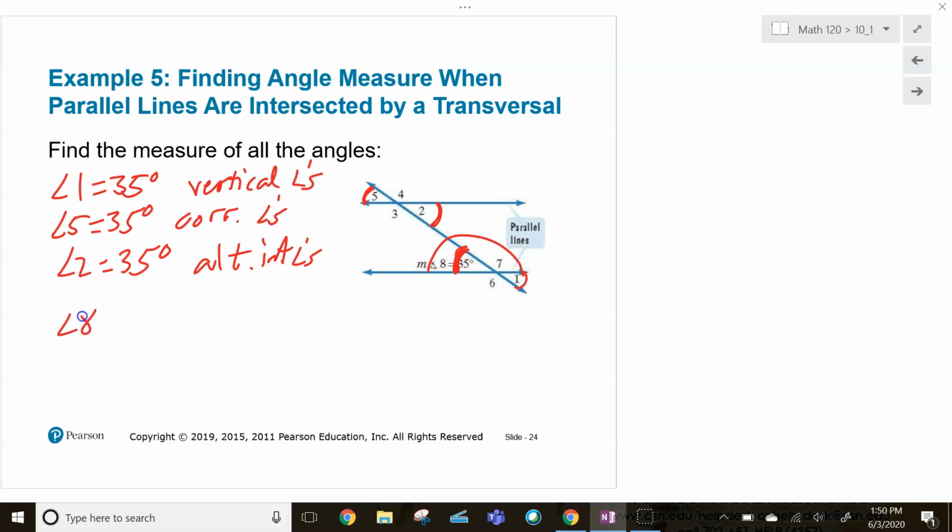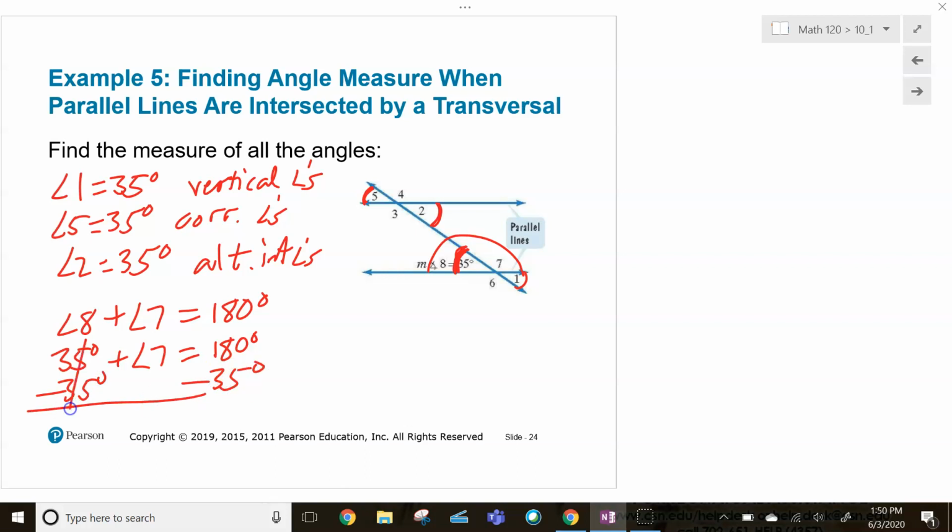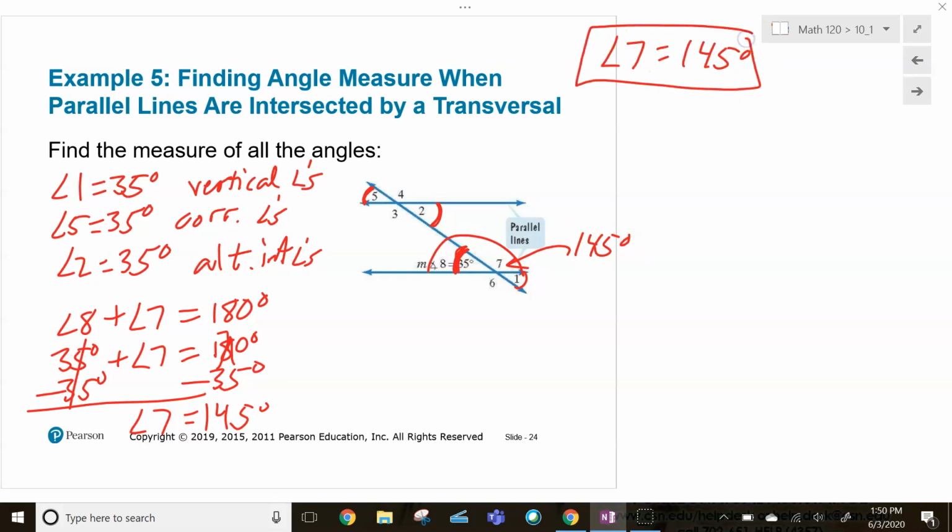So angle 8 and angle 7 have to add up to 180 degrees, and we know angle 8 is 35 degrees. So we subtract 35 degrees, and we get 145 degrees. Angle 7 is 145 degrees. Why? Straight angle.